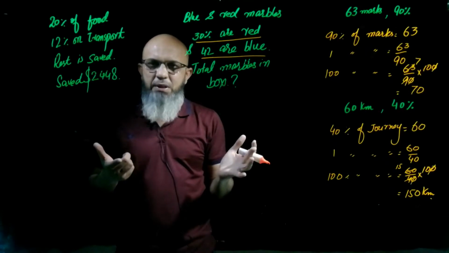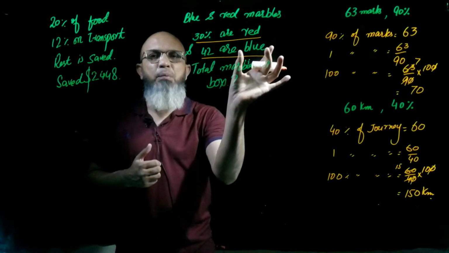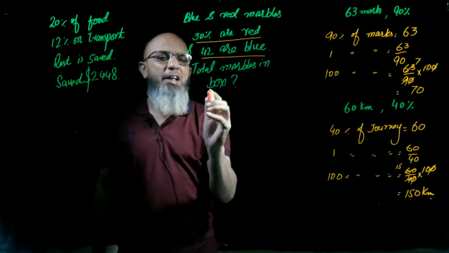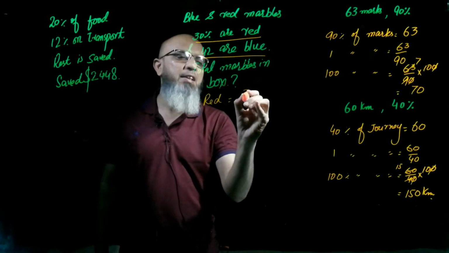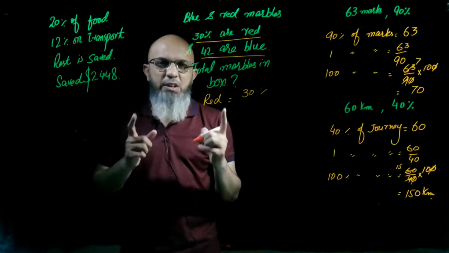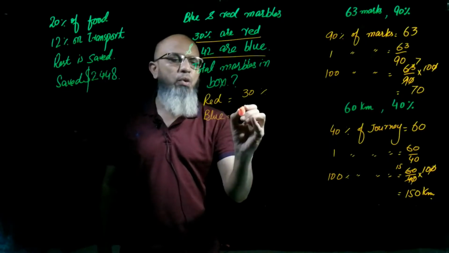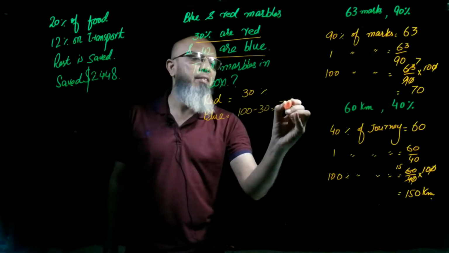Find the total marbles in the box. So what will we do? First we will find the percentage of blue marbles. 30% are red, so what is the percentage of blue? Quite easy. You will subtract from 100, so you will get 70%.